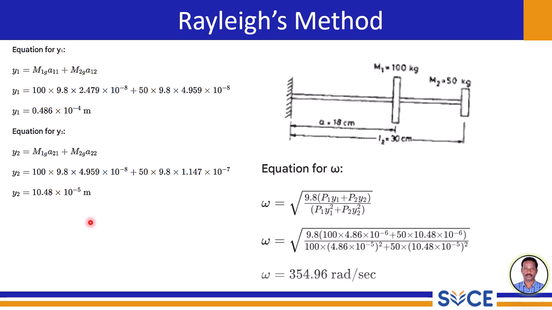Finally, we take the formula for the fundamental angular frequency omega and substitute the values: g equal to 9.81, P1 is the weight, that is 100 kg, P2 is the weight, that is 50 kg, Y1 equal to 0.486 into 10 power minus 4 meter, Y2 equal to 10.48 into 10 power minus 5 meter. After plugging in all these values, we get the natural frequency as 354.96 radians per second.